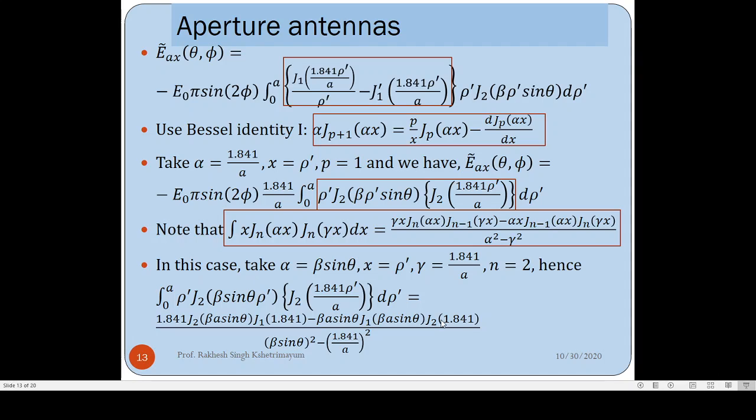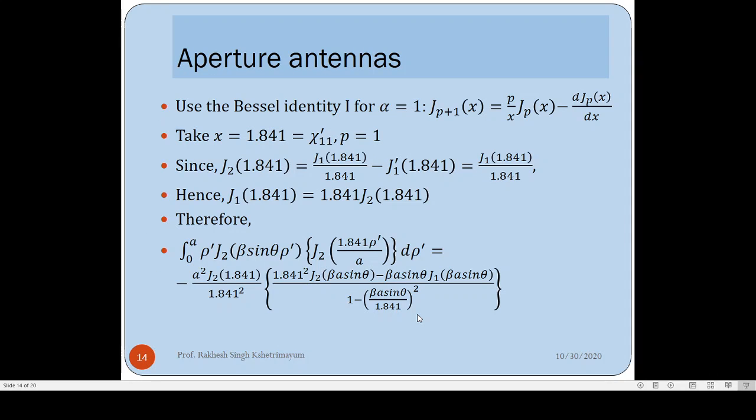Here I have J2(1.841), but here I have J1(1.841). So I will replace this by J2(1.841) into 1.841. Then I can take out J2(1.841) common from these two terms, and you can simplify the previous expression.